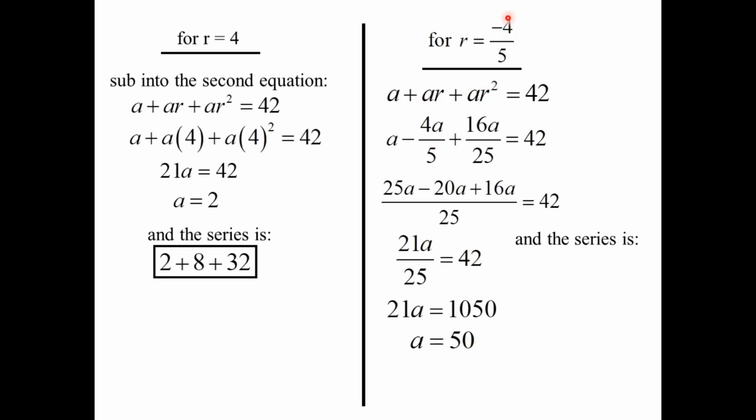AR is going to be 50 times this, so it'll be negative. And if you go 50 over 5, you get 10, so it'll be 50, negative 40. And the last term, when you square this for r squared, it'll be 16 over 25 times a, which is 50. So it'll be 16 over 25 times 50, 32. And so that's our second series.